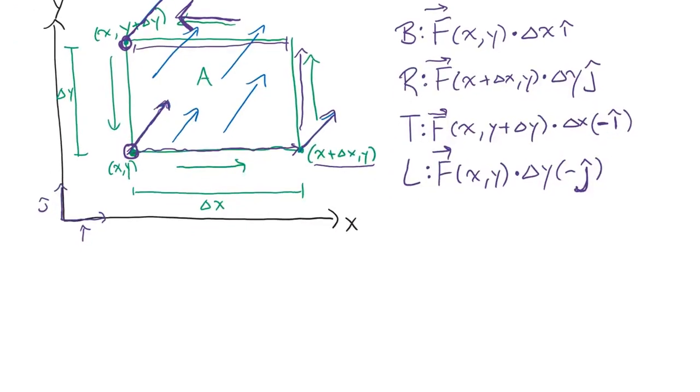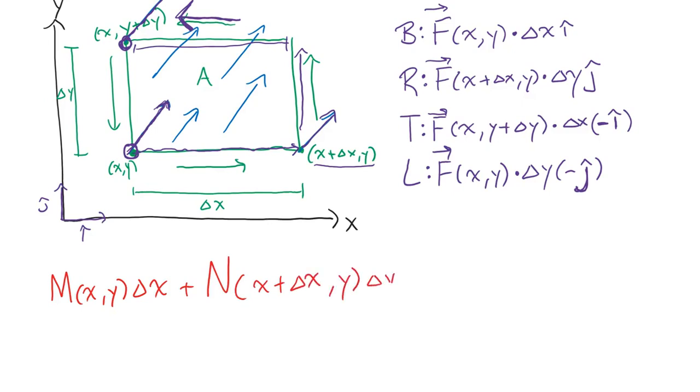So the bottom is m of x comma y, and then delta x, and then our right hand side will be plus n of x plus delta x comma y, and then delta y, and then our top, this will be a minus because we have the negative, and then m of x comma y plus delta y, delta x, and then our left hand side, this will be minus n of x comma y, and then delta y.